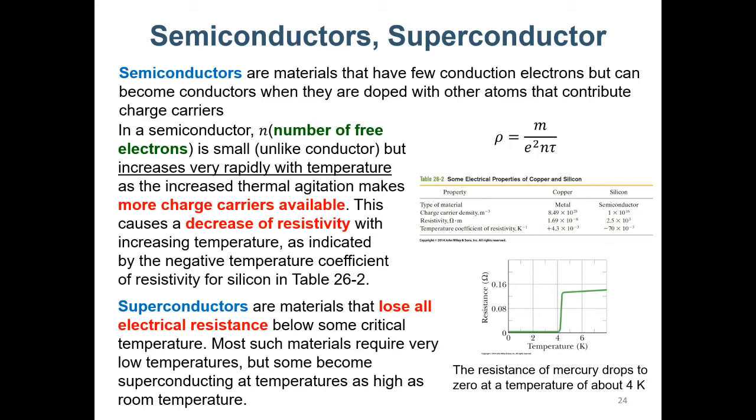Doping makes more charge carriers available. For an N-type semiconductor, the electron is the charge carrier, and for a P-type semiconductor, the hole is the charge carrier, acting like a moving positive charge.